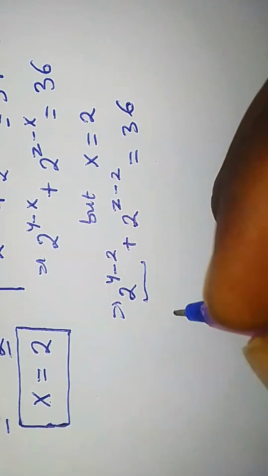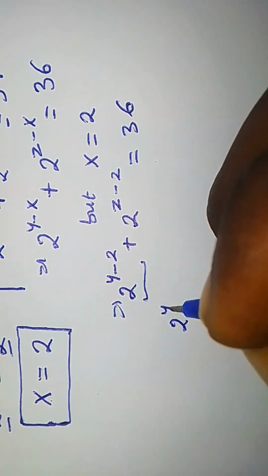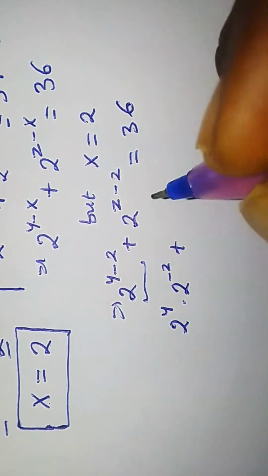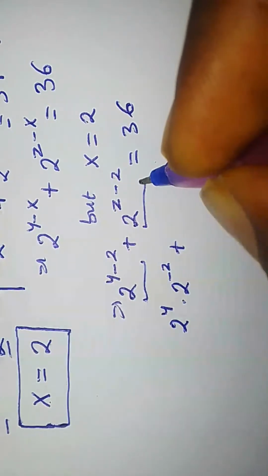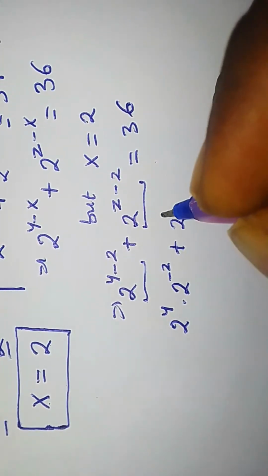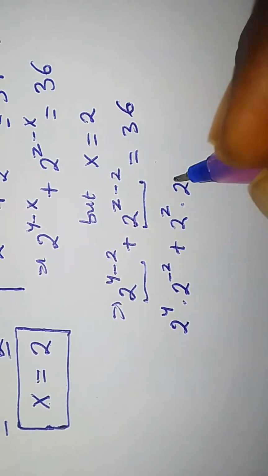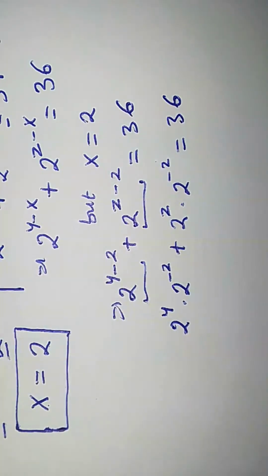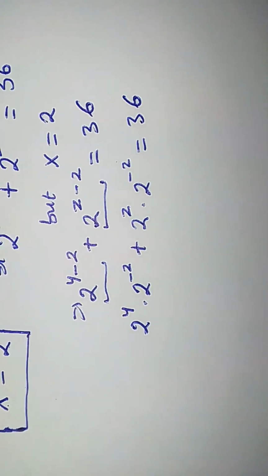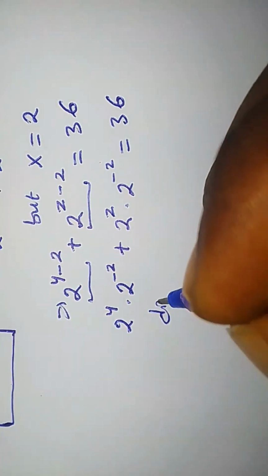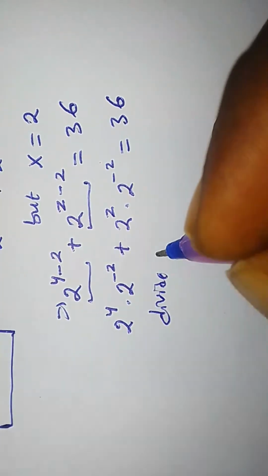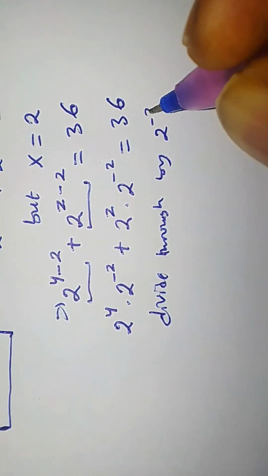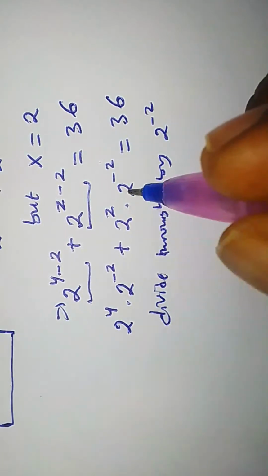This could be written as 2^y times 2^(-2) plus, similarly, we can write this as 2^z times 2^(-2) equal to 36. If we divide through by 2^(-2), what do we have?